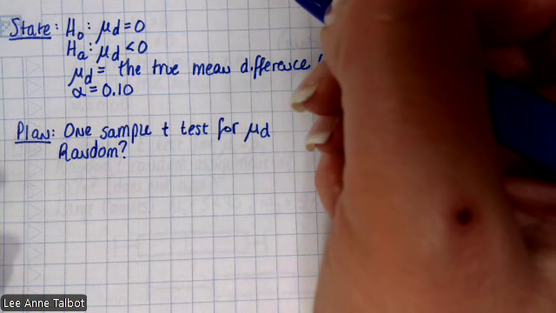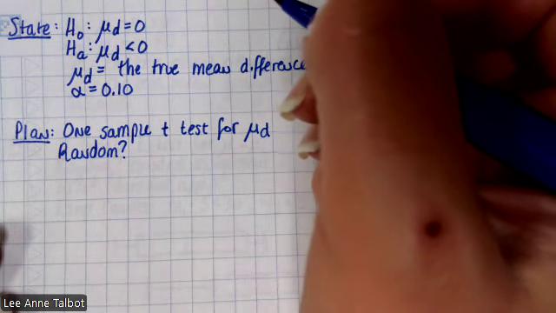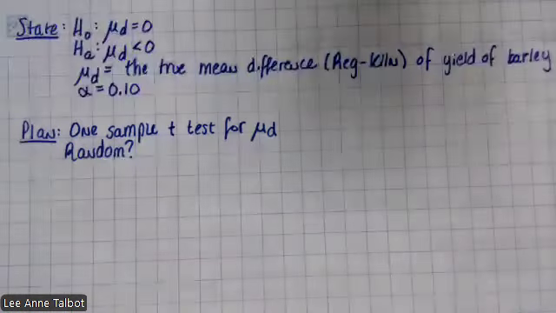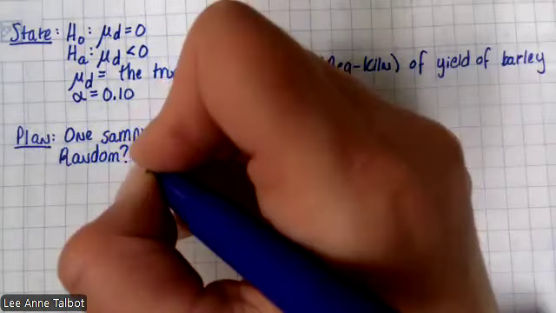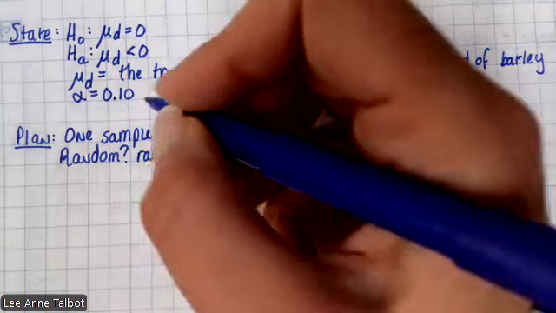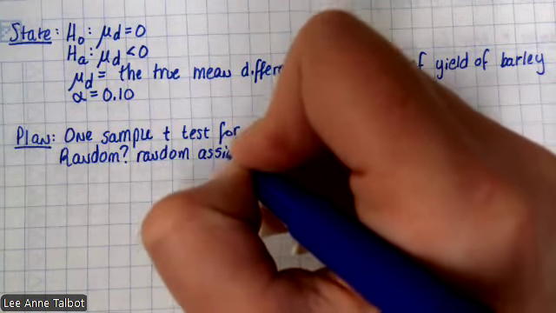This sounds like random assignment to me. Don't you think so? If you read what happened, coin flip, that's random assignment. Which is great news. Do you guys see what I mean by that?